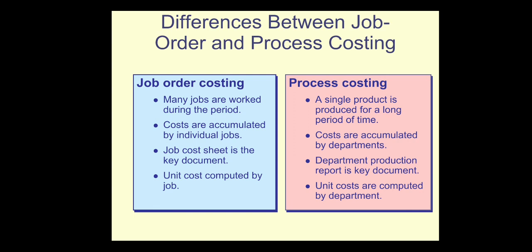So if you want to calculate the unit cost or cost per book, you have to divide the total cost of the job by 100, because the job is printing 100 copies of a book. So cost per unit is total cost for the job divided by 100.